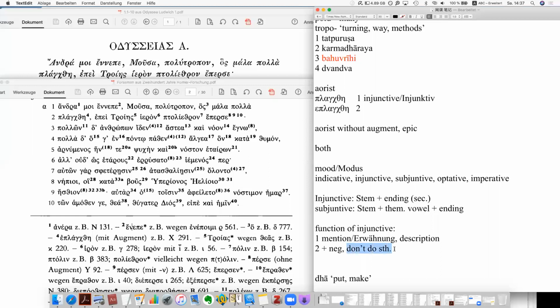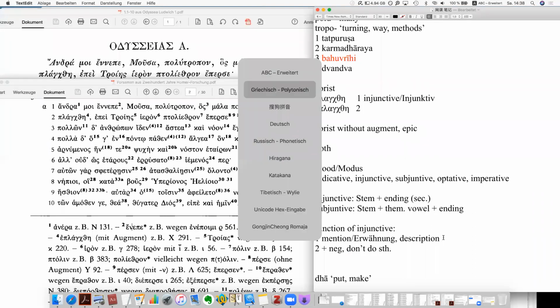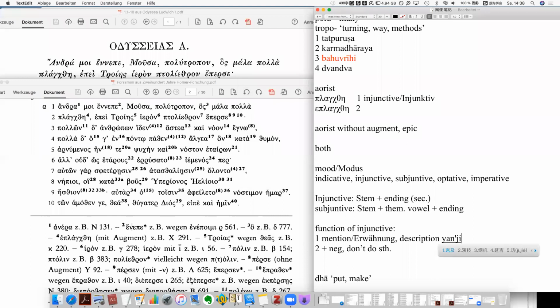Don't do something. So this is the reason why we can translate injunctive as 言及法. This is a translation in Japan, by Goto and other people, who translate this as 言及法.